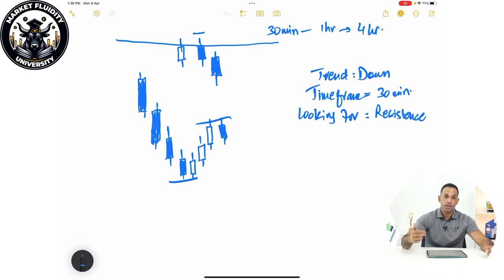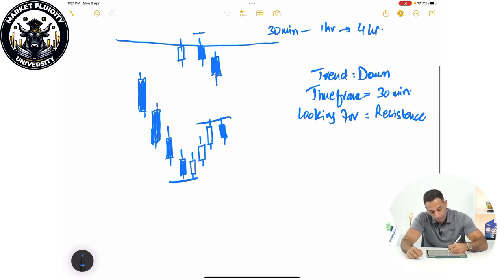Okay, this is where you have the perfect world trend sell at this point, right? If you're looking at the perfect analysis, the picture perfect analysis is going to look like this, where you have a resistance form, and all you're going to do is say this is a 30-minute time frame.